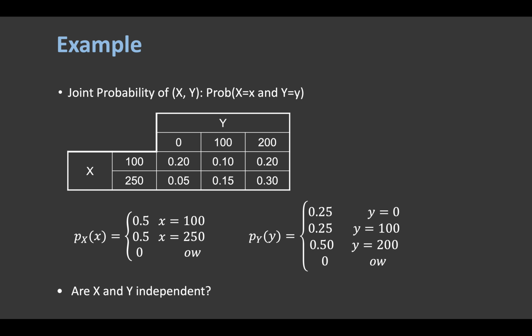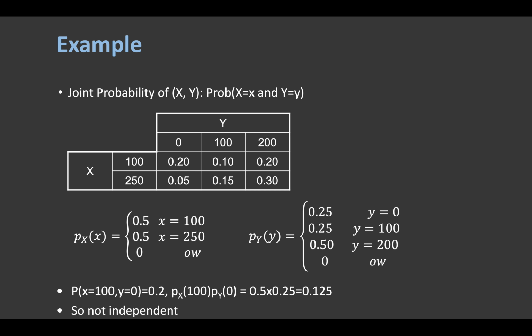Okay, so this is actually pretty straightforward, right? Like we said, if we want to prove they are not independent, we just need to find one case that does not support independence. So here's what I did. You see that for X equal to 100 and Y equal to 0, that's this value, which equals 0.2, right? This needs to equal p_X(100) multiplied by p_Y(0).